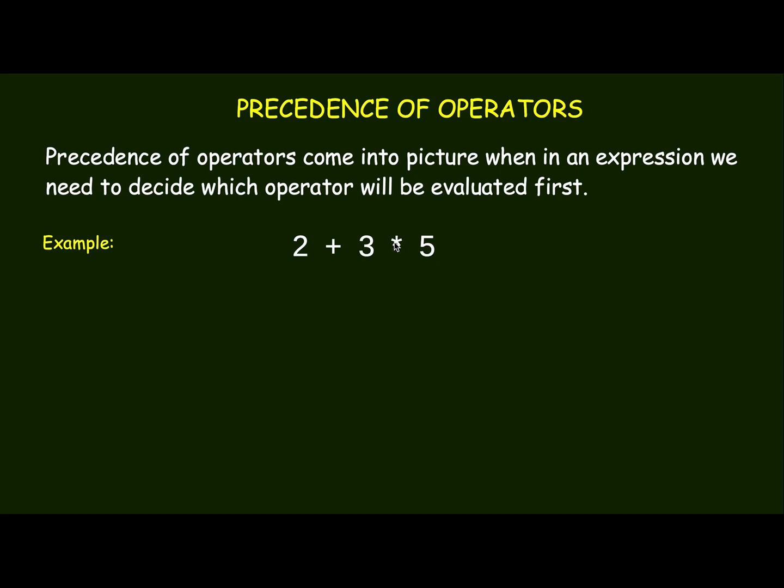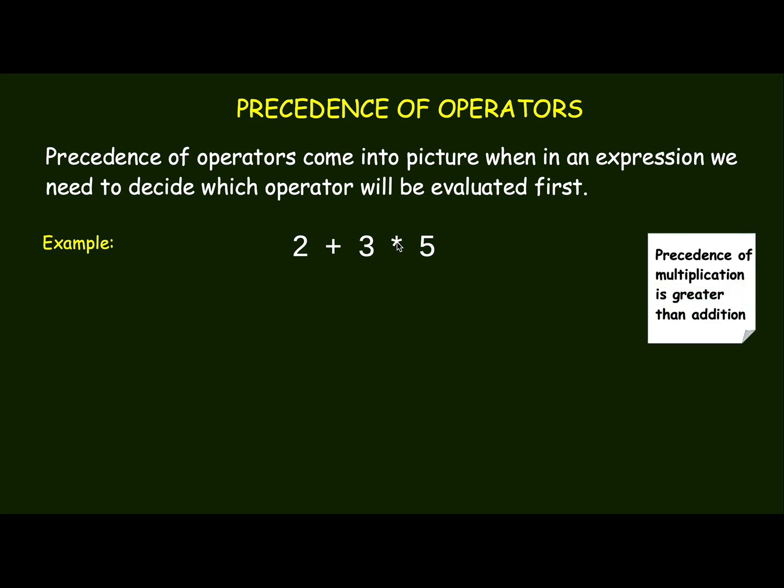My question is, which of these operators has the higher precedence? Is it addition or multiplication? Remember, the precedence of multiplication is greater than addition. In so doing, we are going to tackle multiplication first before we tackle addition.